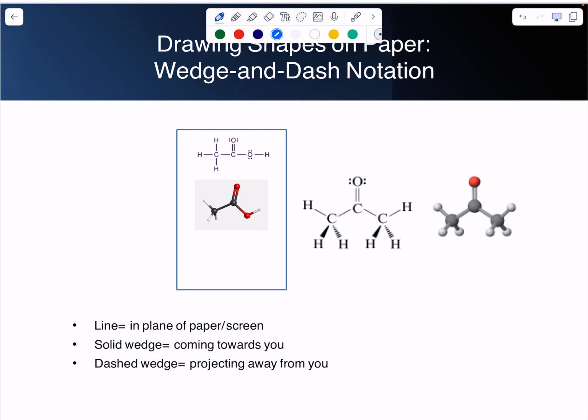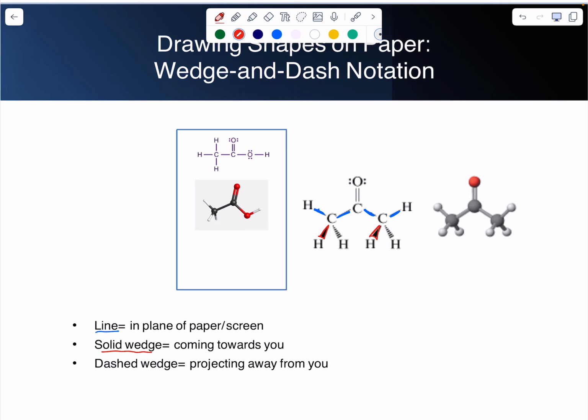So what you see, again, is if there's a line, so any of these lines in blue, you could imagine that all these atoms and these bonds are just lying in the plane of the screen, okay? But if we have a solid wedge, it's coming out towards us. So these guys are coming out towards us.